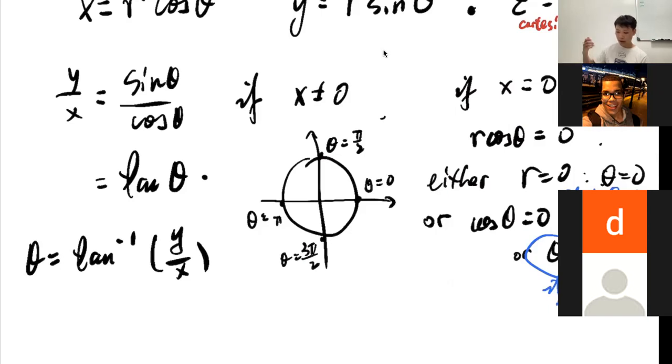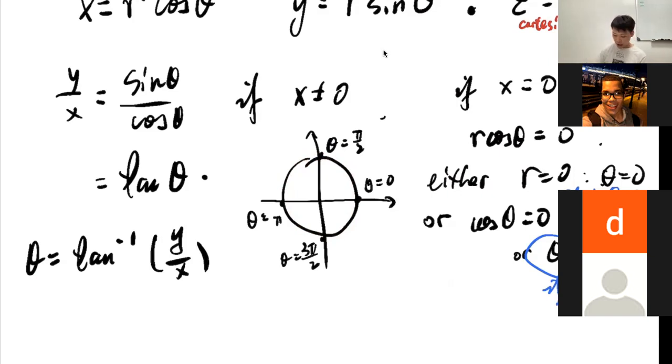All right. However, inverse tangent only gives you an angle between negative pi over 2 and pi over 2. So it's either here or here. So this theta can be either here or here. How do we know which part of the unit circle it belongs to?